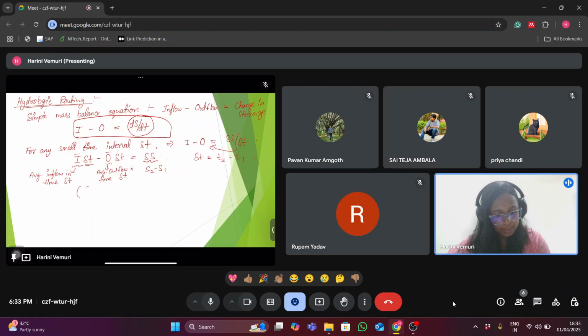So the equation can be written as (I1 plus I2) by 2 into delta t minus (O1 plus O2) by 2 into delta t equal to S2 minus S1. Here 1 and 2 represent the beginning and the end of the time delta t. Suppose T1 is the beginning of the time step delta t and T2 is the end of the time step. So this is the basic concept involved in hydrologic routing.